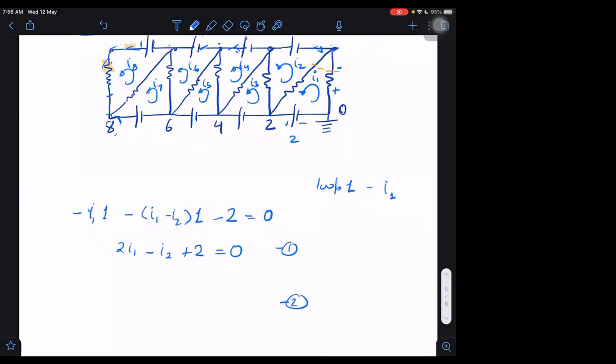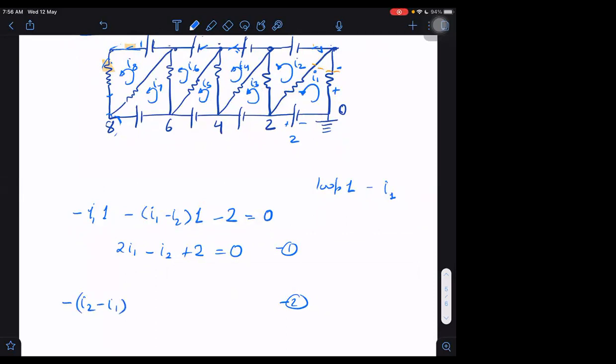Which point do we start from? Let us start from point 2. If I start from point 2, we go to the minus side first: minus of (I2 minus I1).